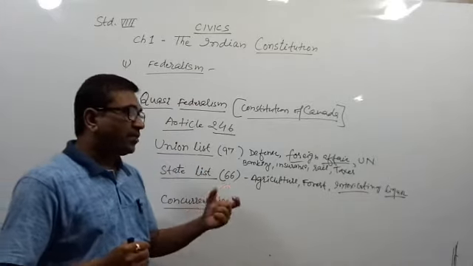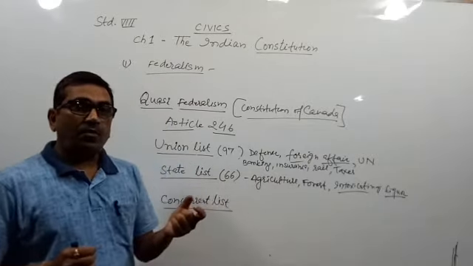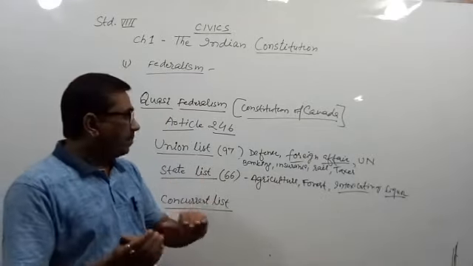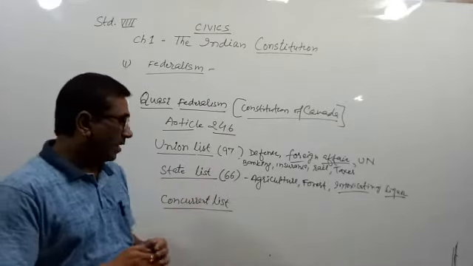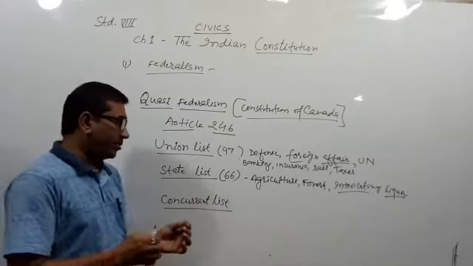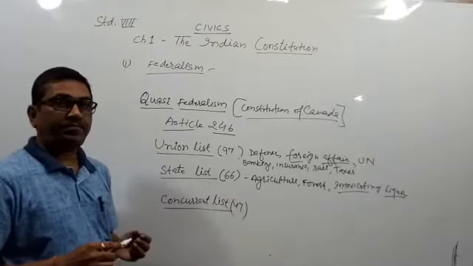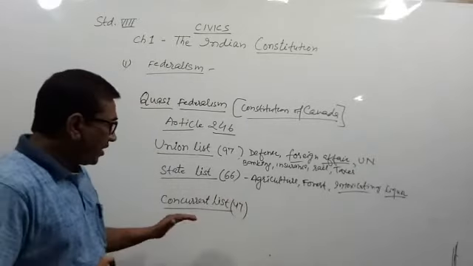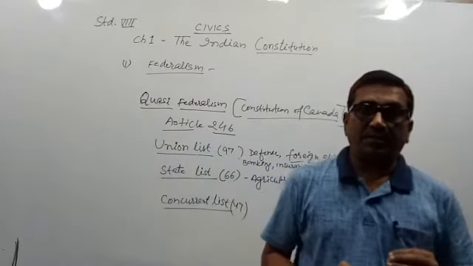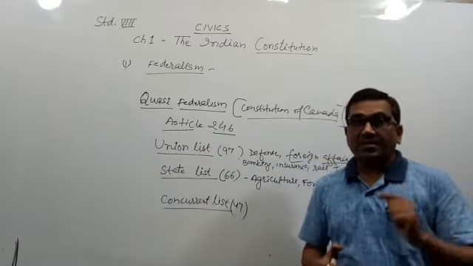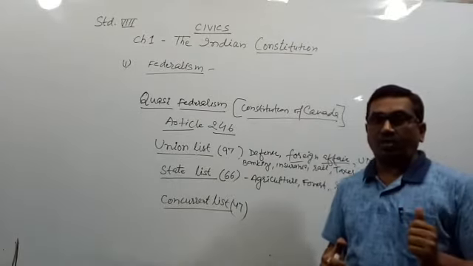It means all the subjects which have local importance have been kept under the State List. These are the two lists. Third is the Concurrent List. Now it has 47 subjects. For the subjects mentioned in the Concurrent List, both the center as well as the state government can frame the law.